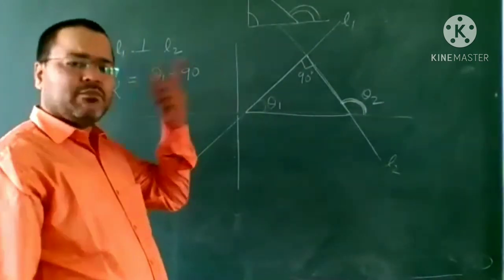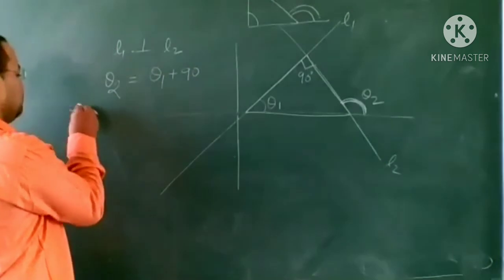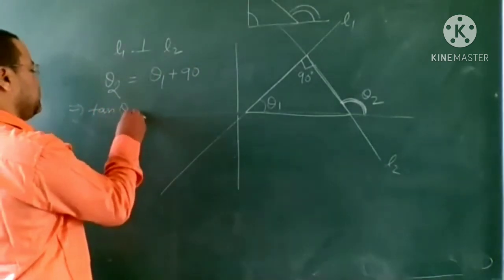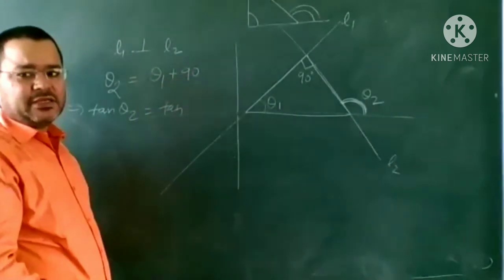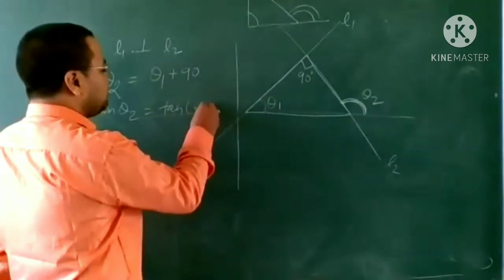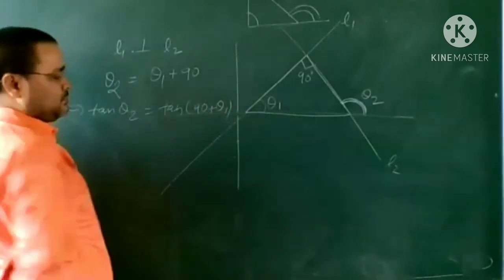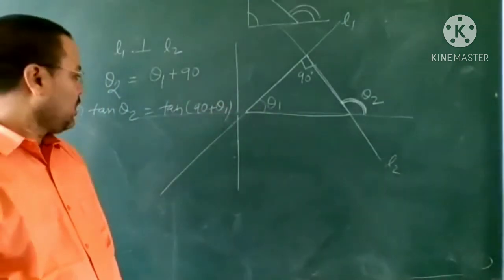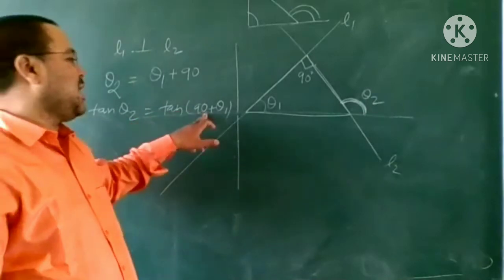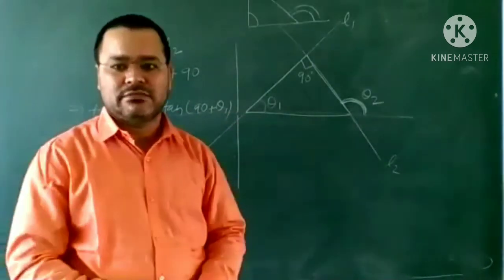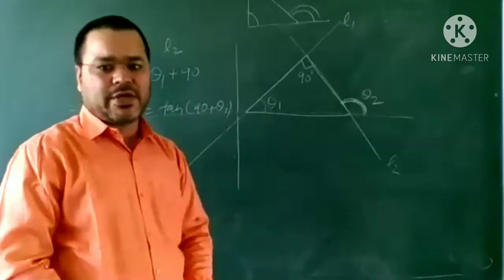Getting? Now take tan of both sides. So it will be tan theta 2 is equal to tan of theta 1 plus 90. We can write here 90 plus theta 1. Tan theta 2 is equal to tan of 90 plus theta 1.